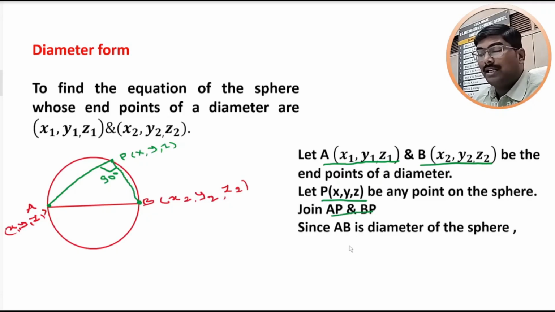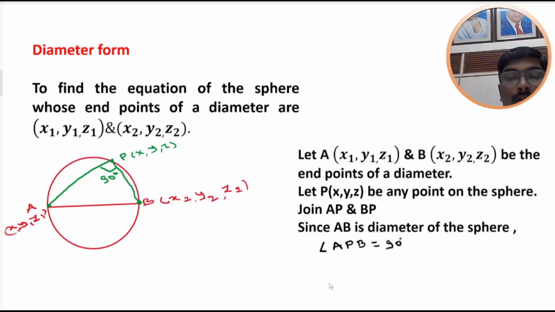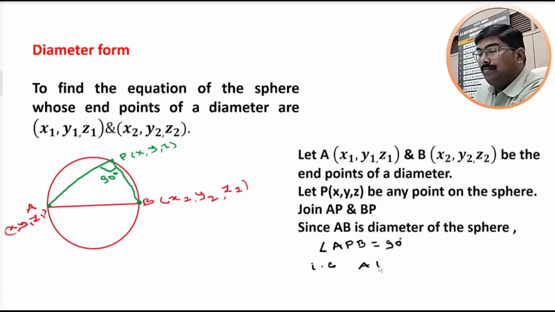Then AB is the diameter of the sphere, therefore angle APB is equal to 90 degrees. That is, AP is perpendicular to BP.